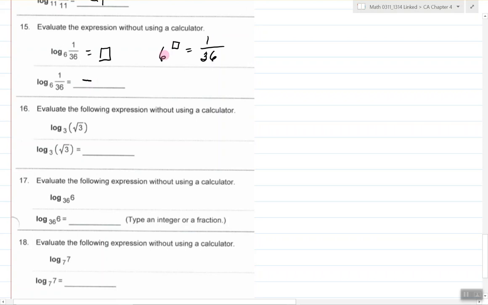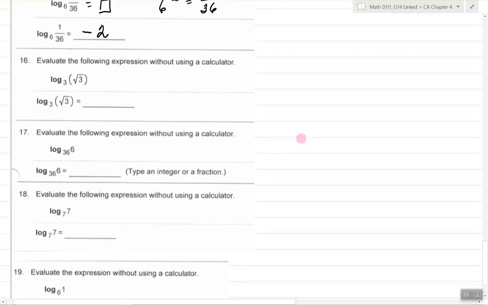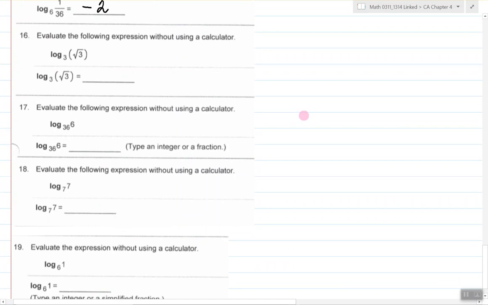What do you have to do to 6 to turn it into 36? Well, you have to raise it to the second power. So you would have to raise this to the negative second power. The negative would say move me, and this 2 would say now square a 6. All right. Number 16.